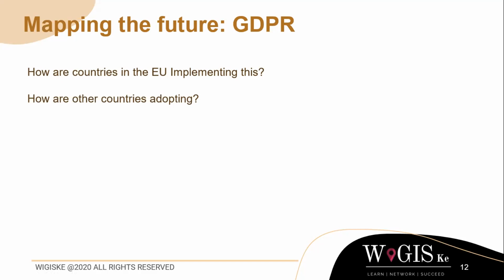This is a very good bill because it protects users who are not aware that their data is being collected, how it's being collected, and by which organization. In the case of Kenya, we are not yet there, but we are headed there. It doesn't speak much on location data, but it generally talks about the collection of non-spatial data.